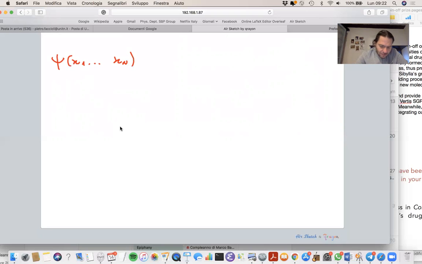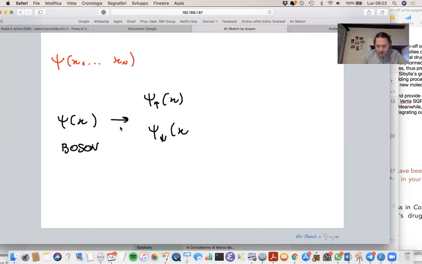For a boson, suppose you have a particle that is a boson. When you go to fermions, you basically upgrade the particle to a pair of wave functions, each one related to the probability of observing the particle with a given spin at a given position.